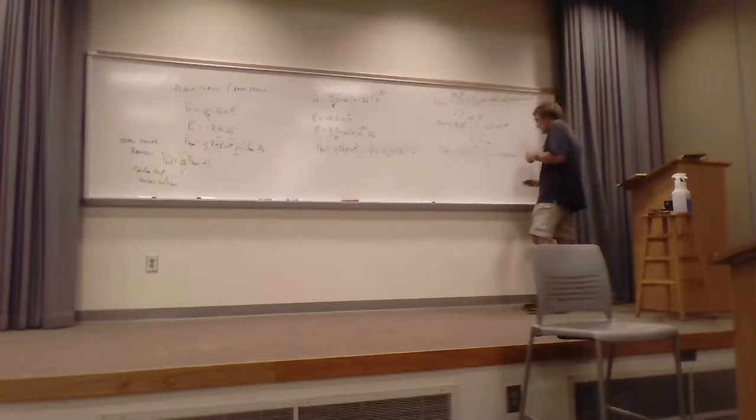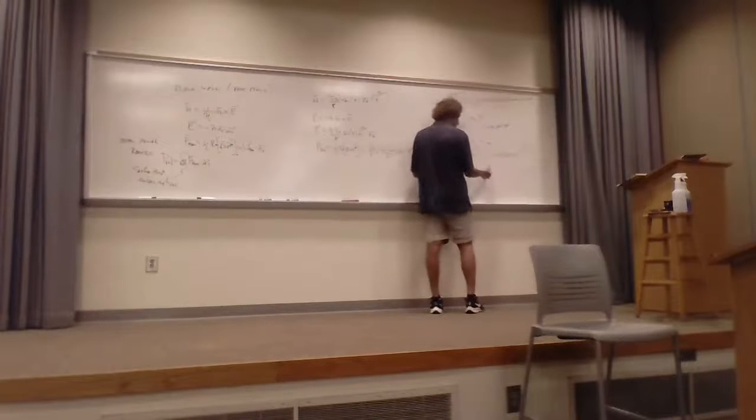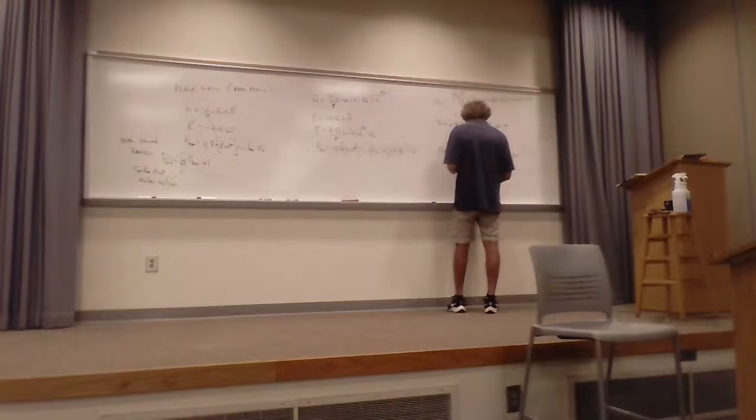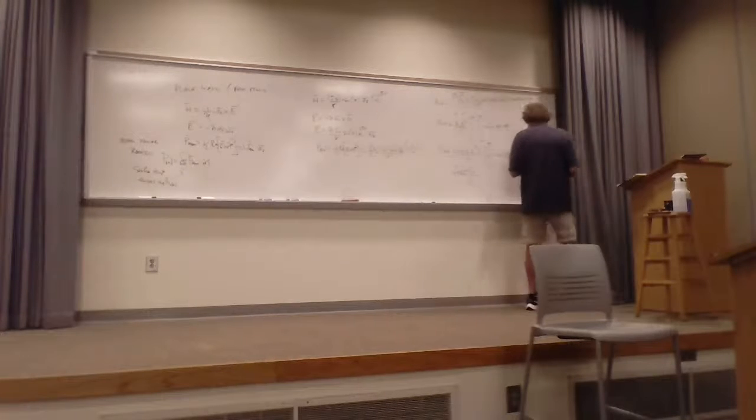So I know this whole thing is going to boil down to pi eta naught squared times, and the first integration is just 2. I know that because it's just the integral of sine theta.